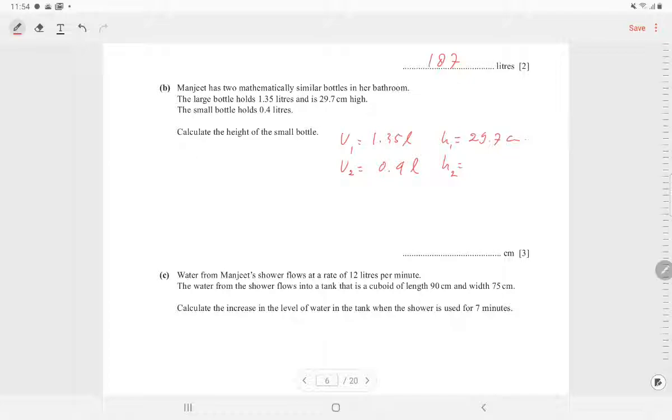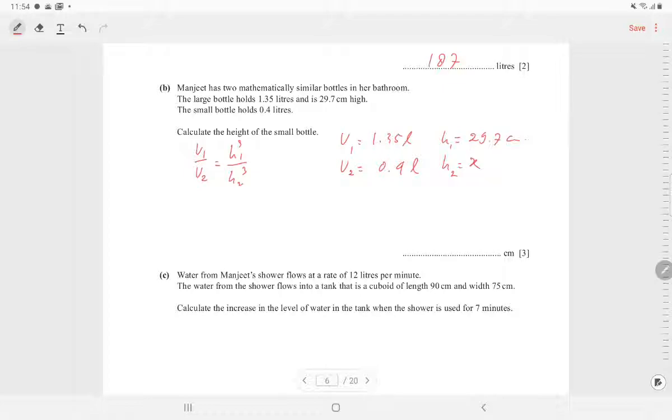So remember, this is the similarity of the volume. For the similarity of the volume, we have V1 over V2 is h cubed over h2 cubed. Let's say this is x.